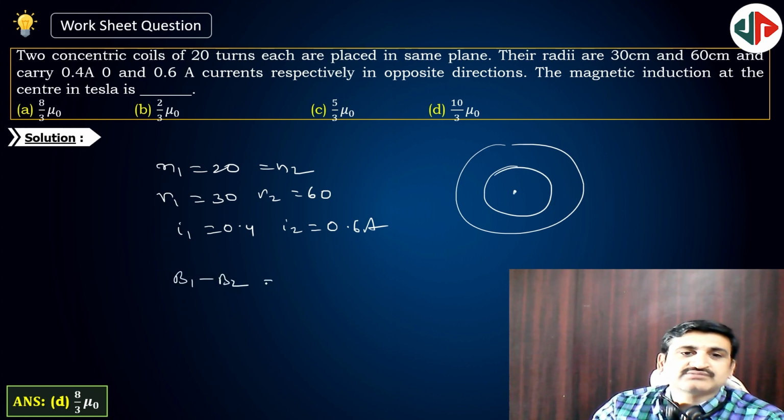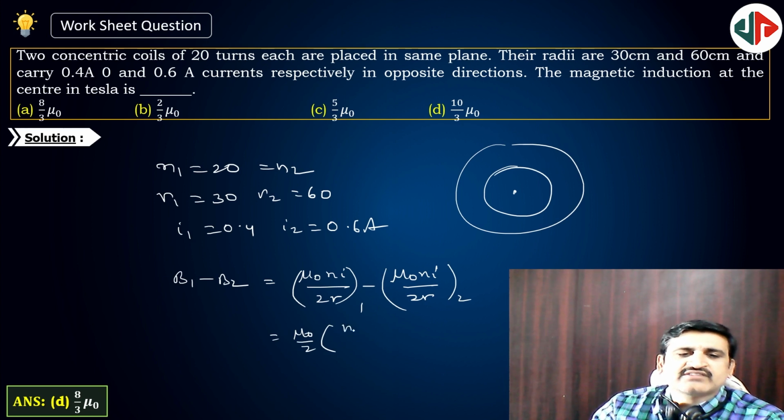Why? Because they are opposite. So B1 is equal to mu naught N I by 2R of the first one minus mu naught N I by 2R of the second one. So mu naught by 2 is common: N1 I1 by R1 minus N2 I2 by R2. You substitute and simplify, not a big task.